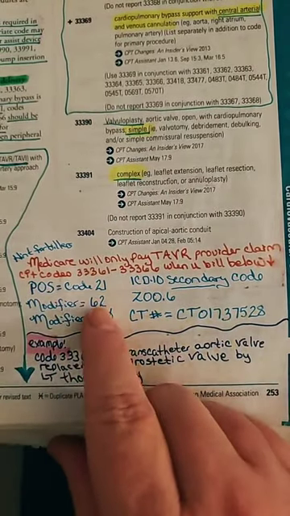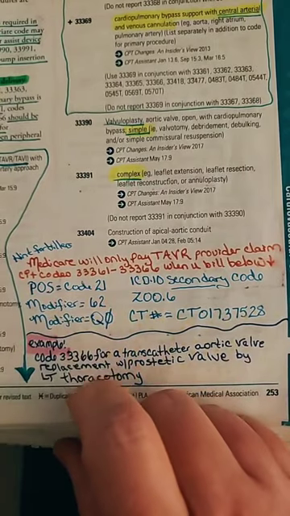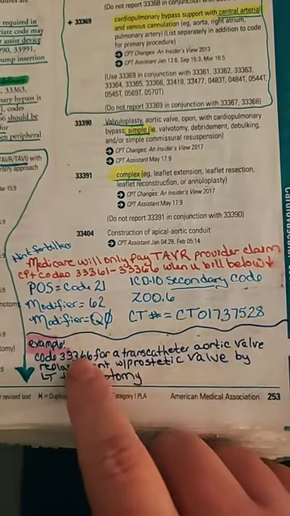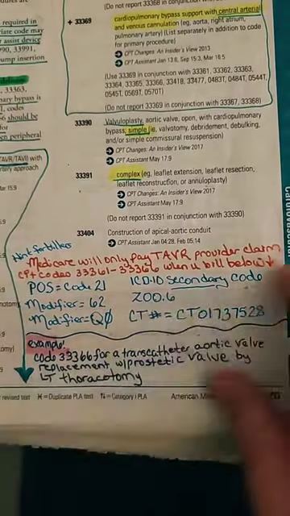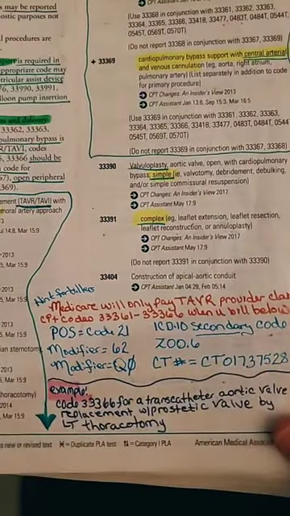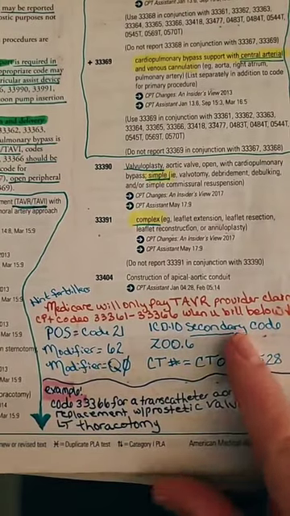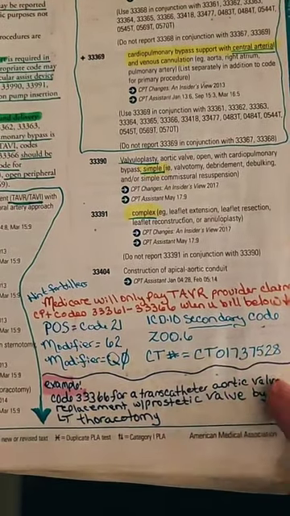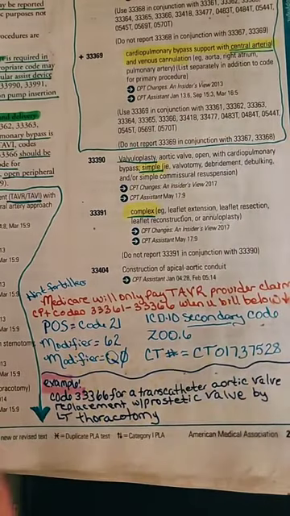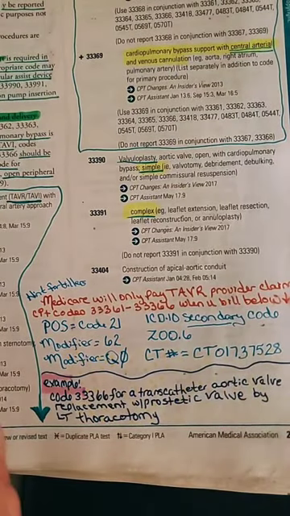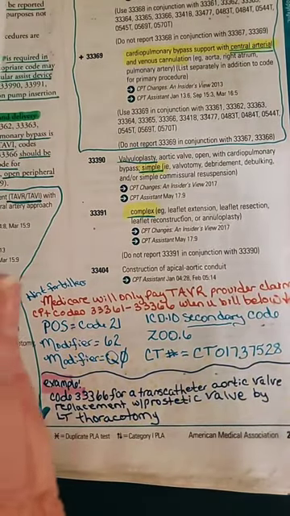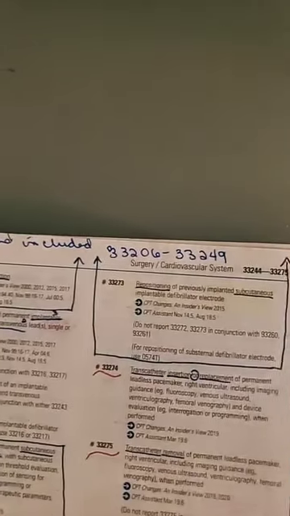Your modifier is going to be 62 for multiple, probably physicians. And I found that information, and I thought that would be good for billers that are going into cardiology. Somebody recently told me that was their hope that they wanted to go into, and that would be valuable information for them.